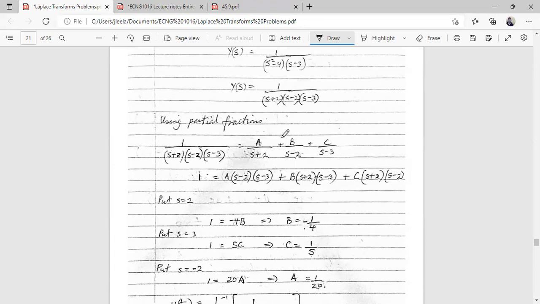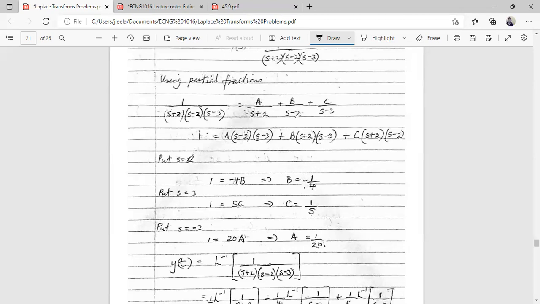And when you multiply it throughout by s minus 2, s minus 3, and s plus 2, you will get 1 is equal to a(s minus 2)(s minus 3) plus b(s plus 2)(s minus 3) plus c(s plus 2)(s minus 2).